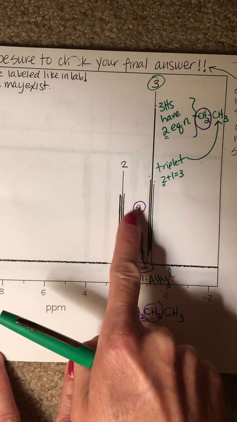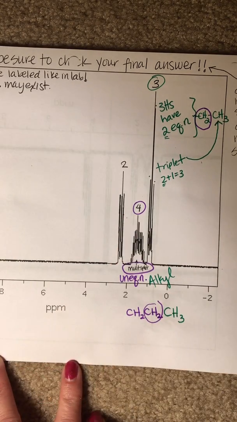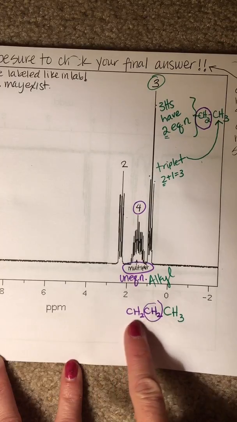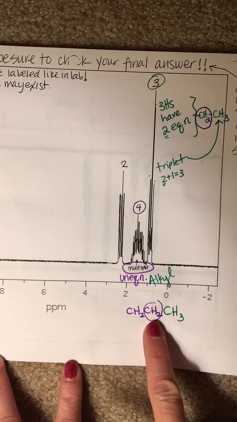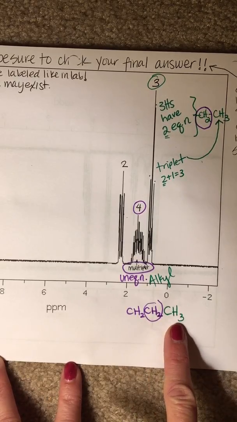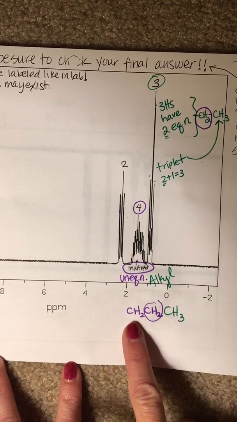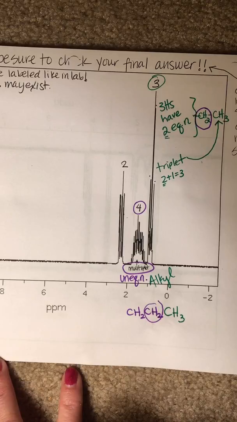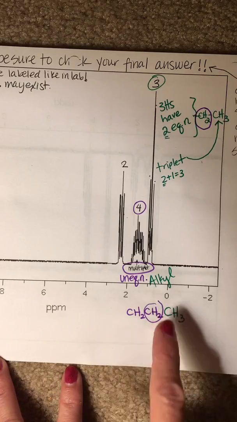Then we need to have 4 hydrogens that have unequivalent neighbors. So here are those 4 hydrogens. Let's look at this set right here, these methylene hydrogens. You can easily see that they have unequivalent neighbors. To the right, they have a methyl group, and to the left, they have a methylene group. That would be 5 unequivalent neighbors. So that makes sense.